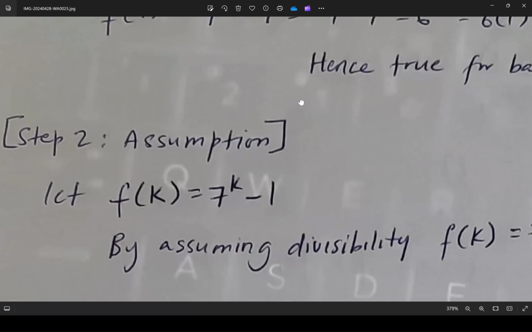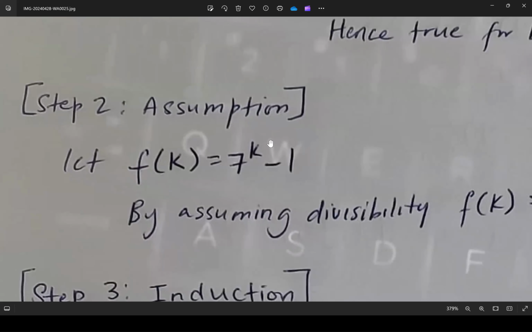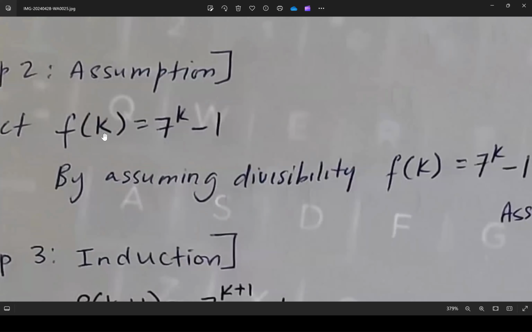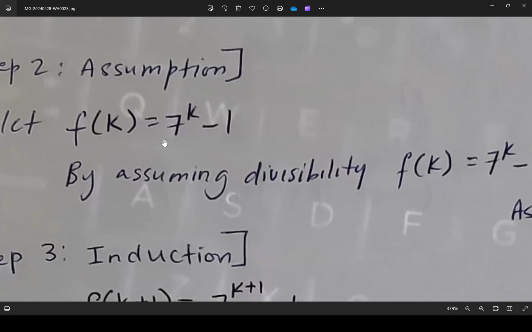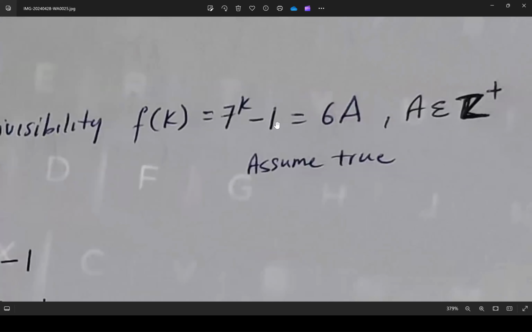Now, step 2 is where the first confusion happens for students. We're going to do an assumption. We're going to say, you told us that if we plug in n, it will be divisible by 6. So I'm going to assume you are true. I'm going to believe you for now, and I'm going to see what will happen if I believe you. So you're going to replace n with k, right? And you're going to say f of k is equal to 7^k minus 1. We're going to assume divisibility by saying f of k is equal to 7^k minus 1, which is 6 times a, where a is a positive integer. Why did we do that?